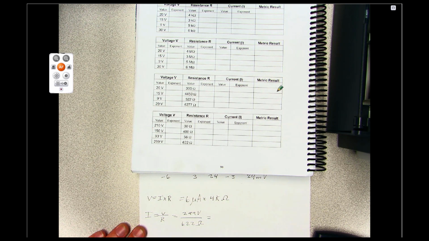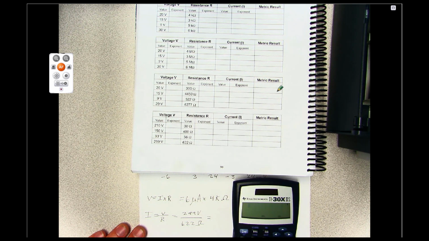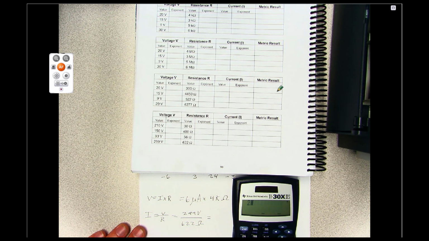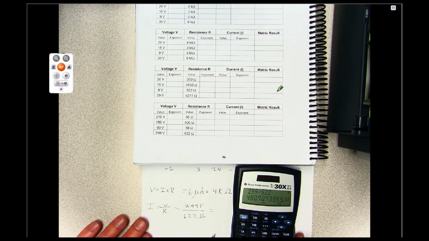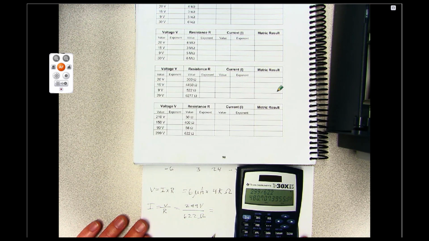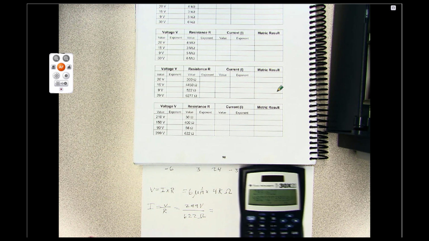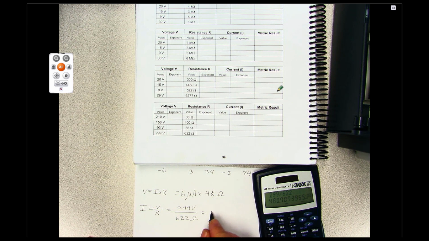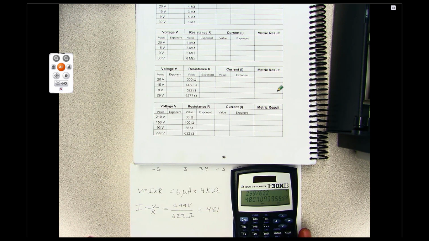If we were typing that into the calculator, we would type in 299 divided by 622, and that gives us 480. Yeah, so you could round that up to 481, and then the calculator says times 10 to the minus 3.